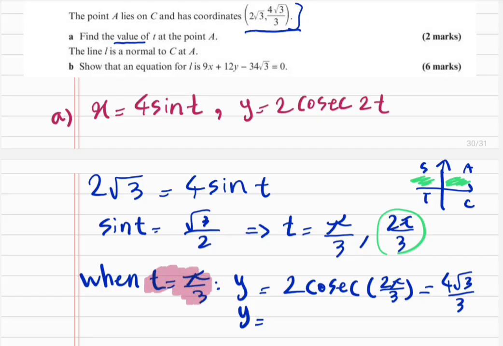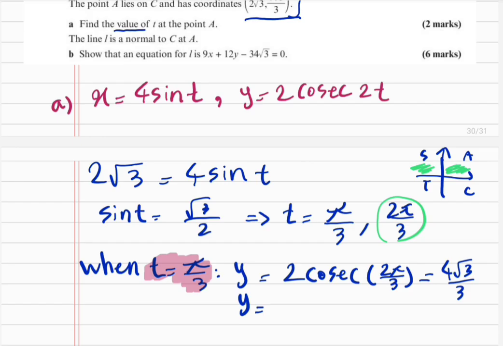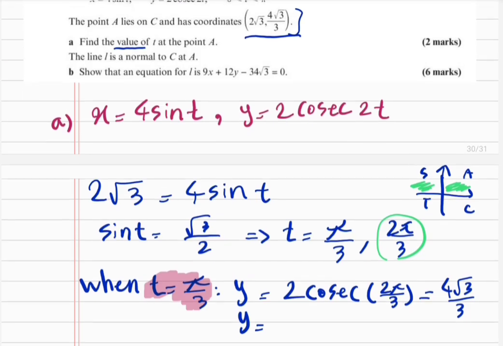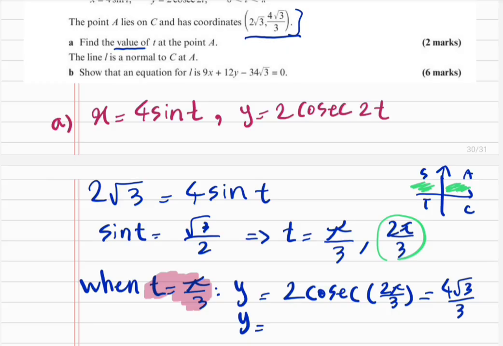But I'm going to try the other one, just to make sure we get a different value for y. So when t is equal to the second value, which is 2 pi over 3, here we'll have 2 cosec of 2 times that, which is 4 pi over 3.